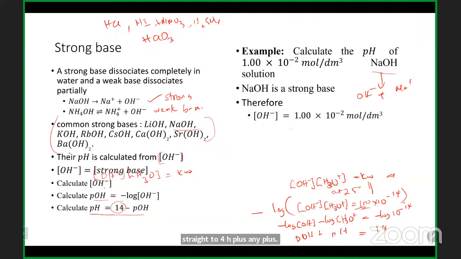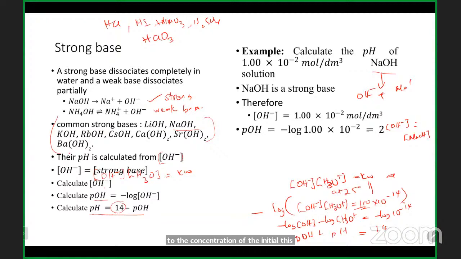If it dissociates completely, it means that the concentration of OH minus is equal to the concentration of the initial base. So you can now calculate the pOH, and remember that our pH is 14 minus pOH, so that gives us 12.